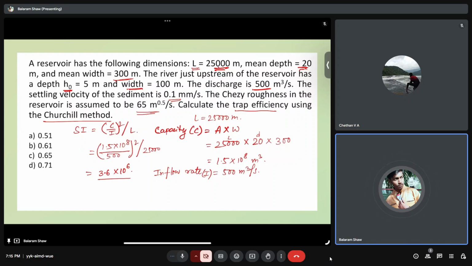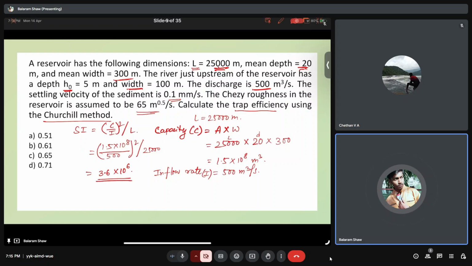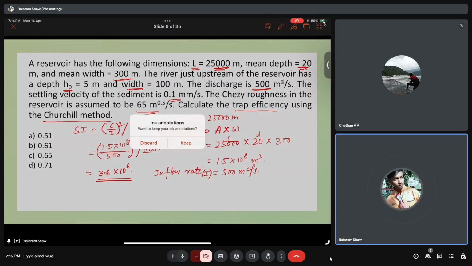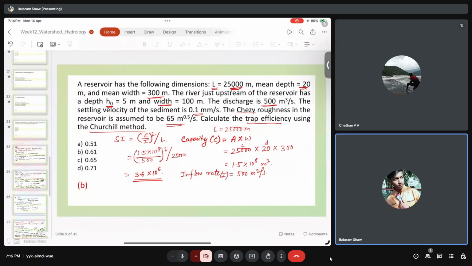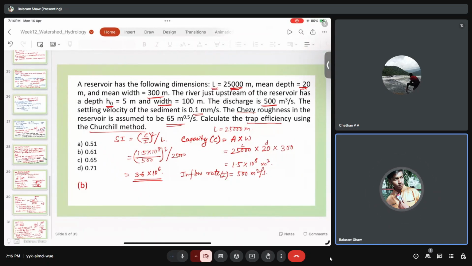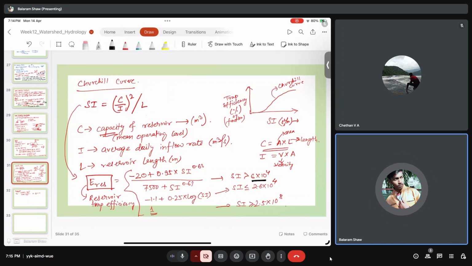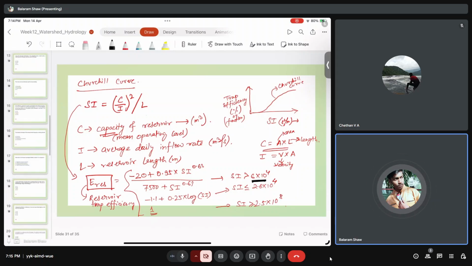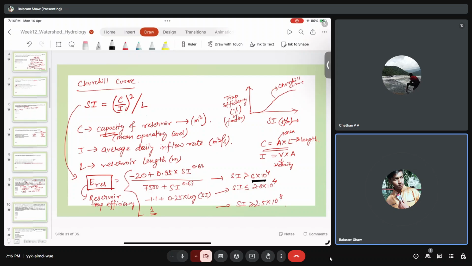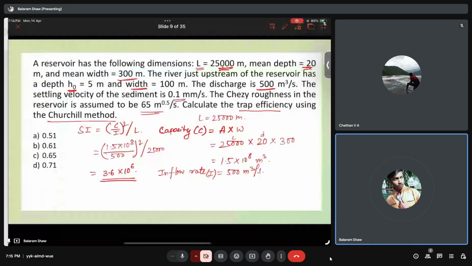Now you see this value, if you have seen the equation, this is 3.6 into 10 to the power 6, right? And which formula we have to use will be based on this. So SI here is 3.6 into 10 to the power 6. So it is greater than the first one, 6 into 10 to the power 4, and hence the first equation will be used, that is minus 20 plus 0.95. So we'll do that.